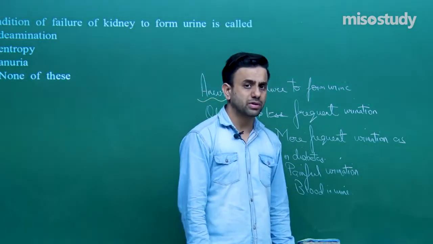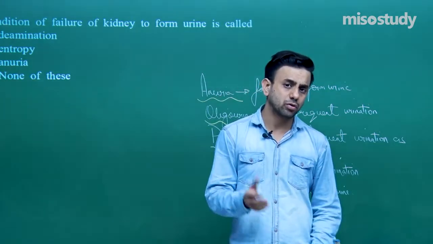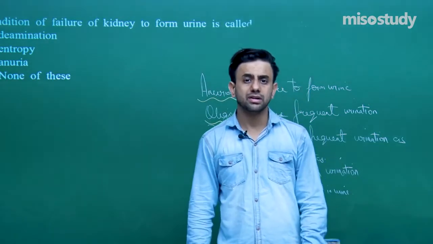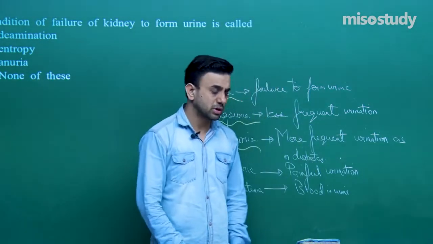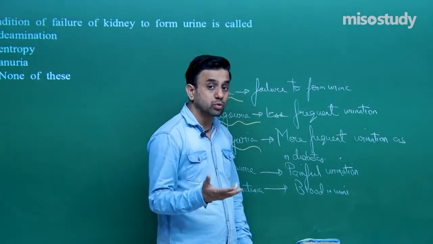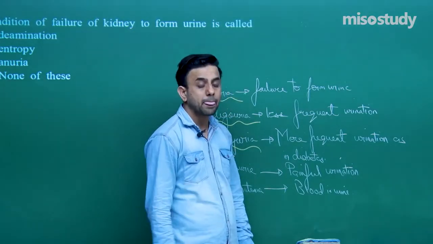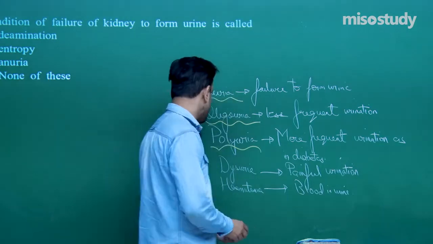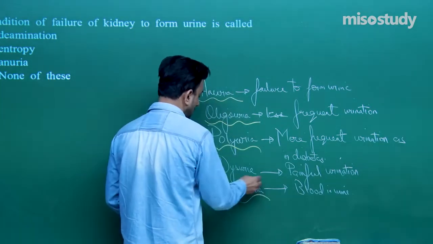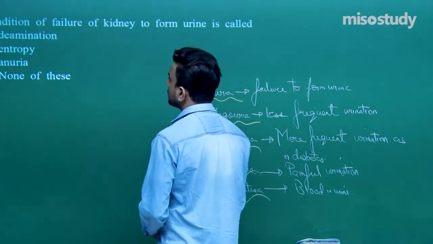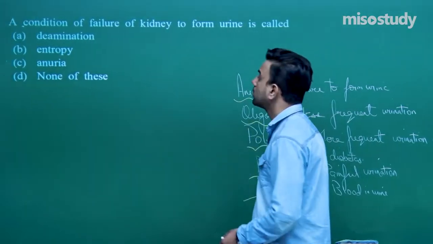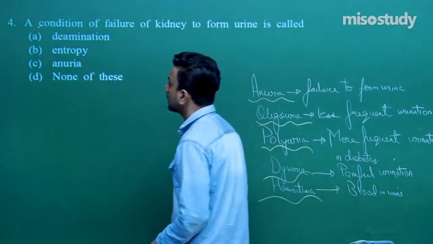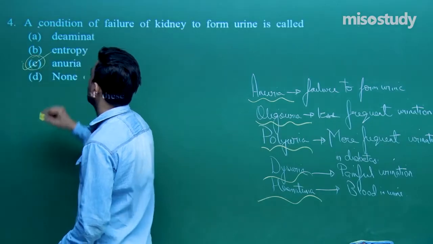And when are ketone bodies formed? When fats are broken down, giving acetoacetate and beta hydroxybutyrate. Then proteinuria, when there are proteins in the urine. So all these things you should keep in mind, and hence the answer is: a condition of failure of kidney to form urine is called anuria.